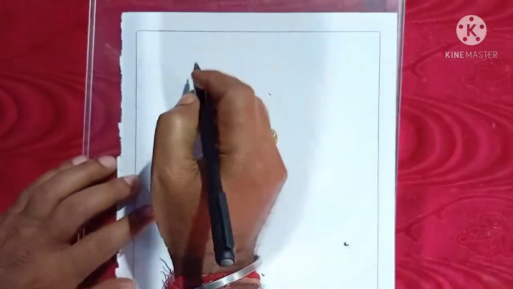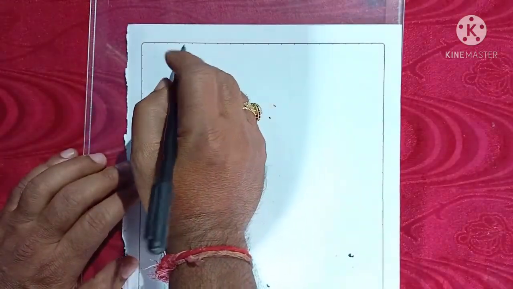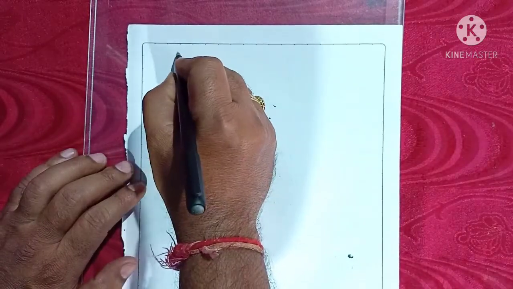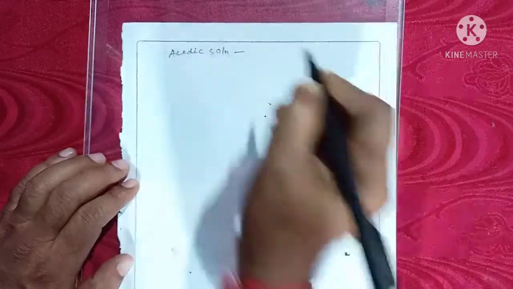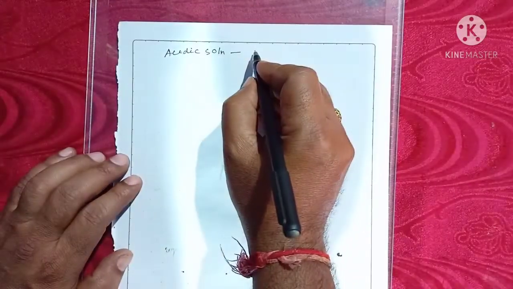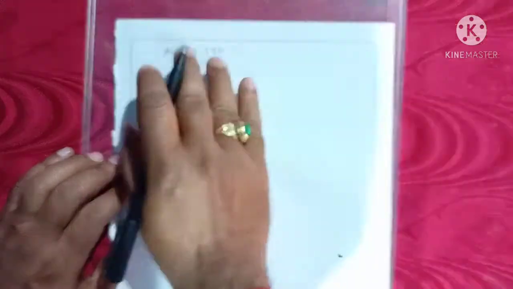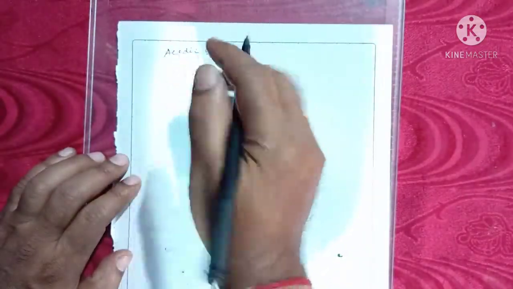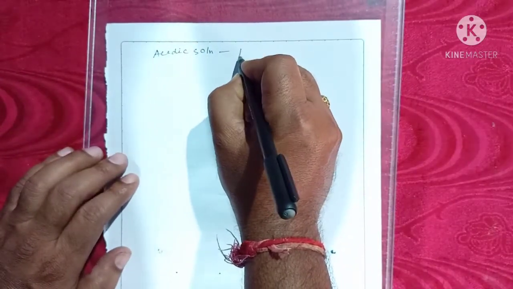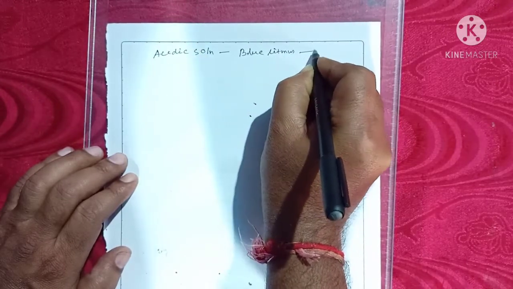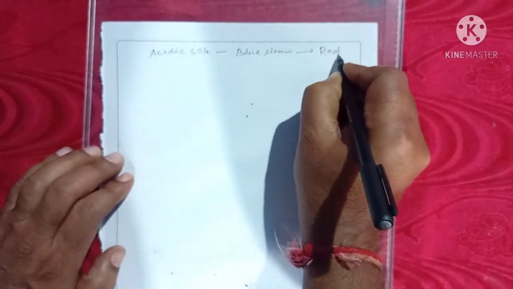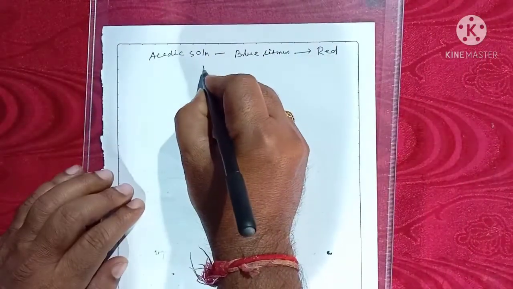Just to have a recapitulation, I am saying here, when we are doing litmus test, in acidic solution what happens? When we dip the litmus paper in acidic solution, then here the blue litmus will turn red.